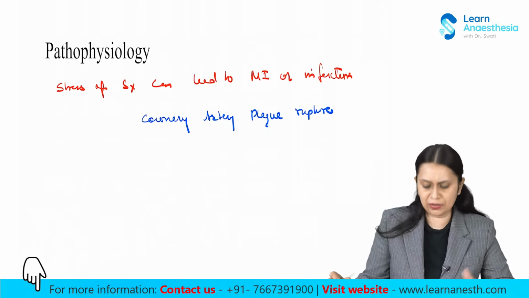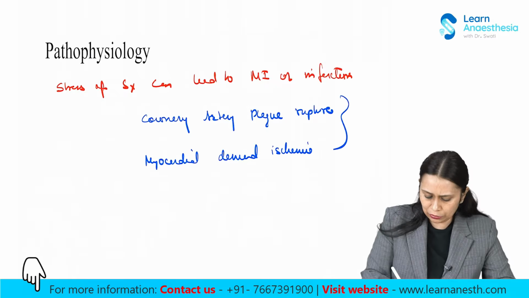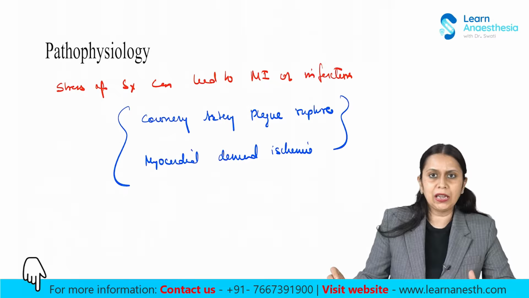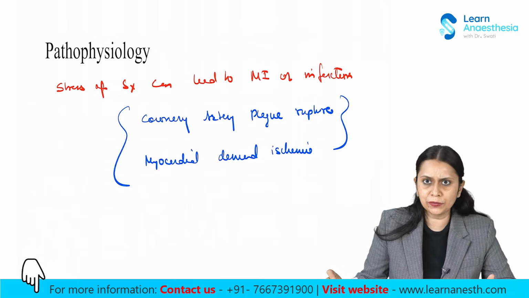Supply is less, demand is more. So myocardial demand ischemia, right? So these are the two important factors, and interplay of these factors can cause myocardial ischemia and infarction, right?